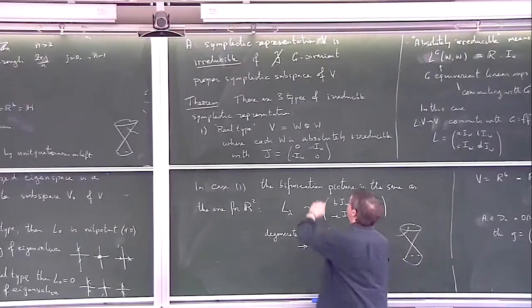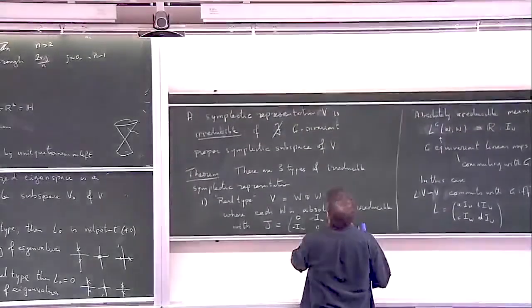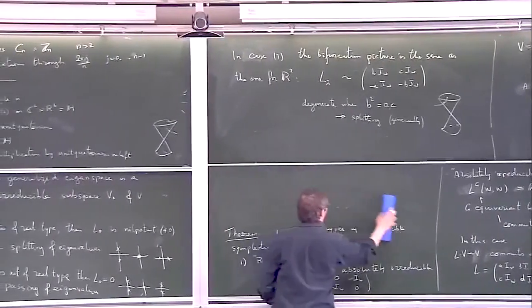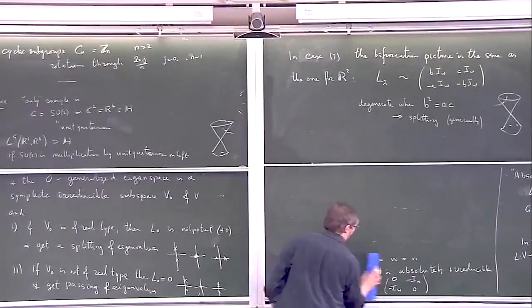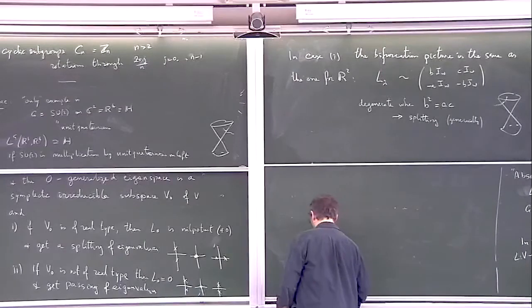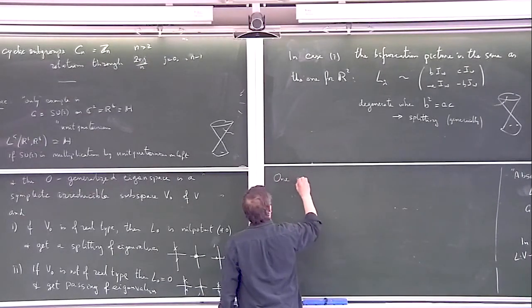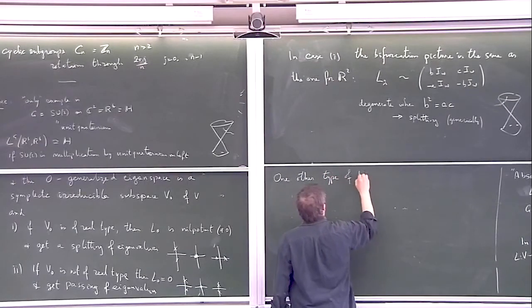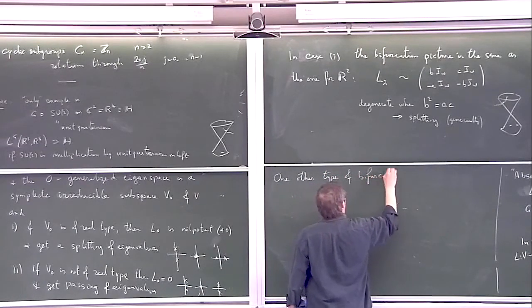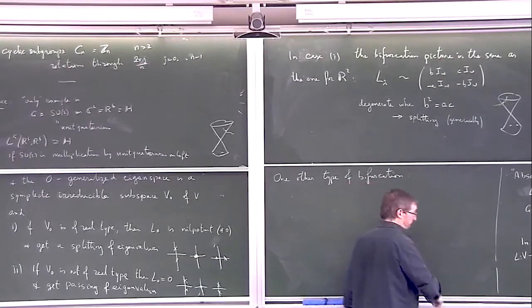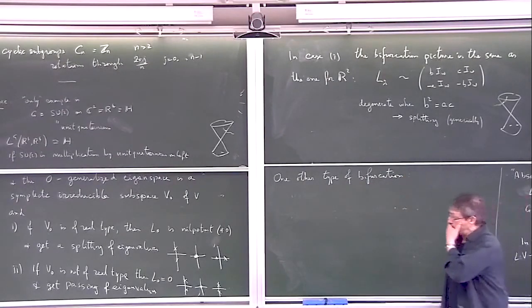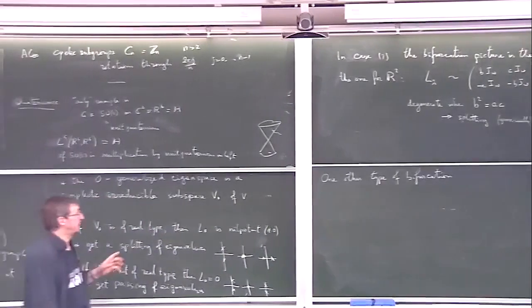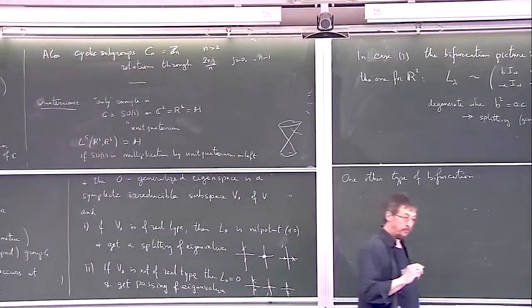So there's one other interesting case of bifurcation. This is where we start with imaginary eigenvalues, and then they move out into the complex plane. But how can that happen?